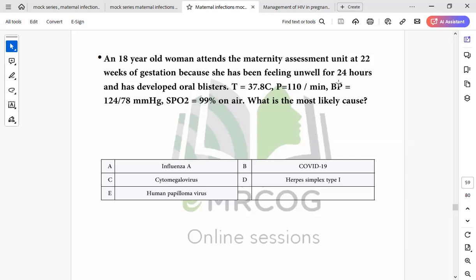Change something in her vital signs. If you would change something in her vital signs that could lead you to COVID-19, what would it be? No, not the pulse. Excellent. Low oxygen saturation. And severe cases are going to have oxygen saturation less than 96 or 94. Usually we are going for 96 oxygen saturation. So take care of this.